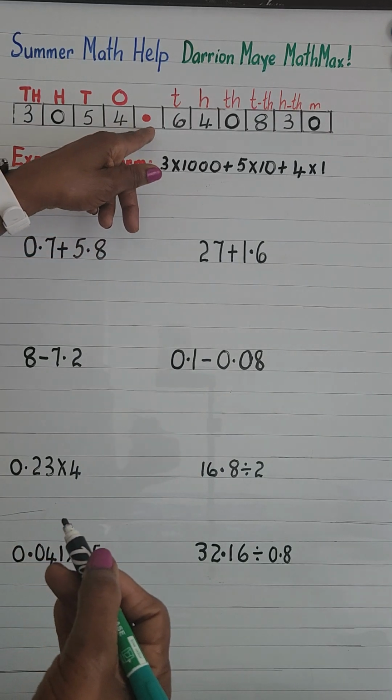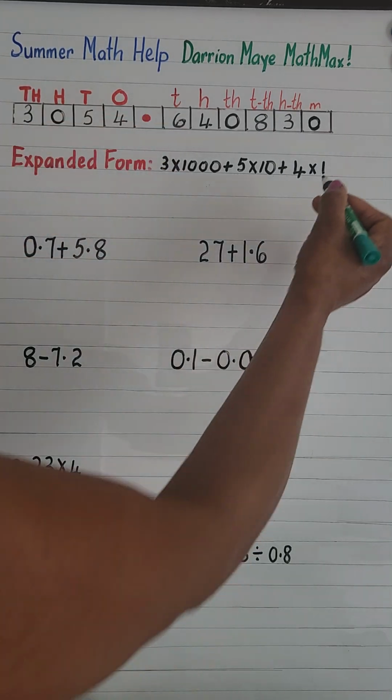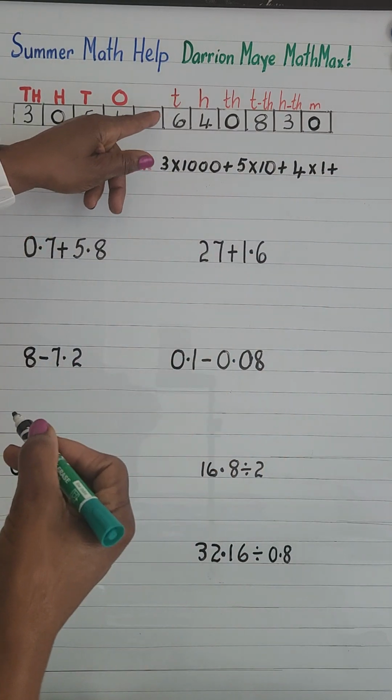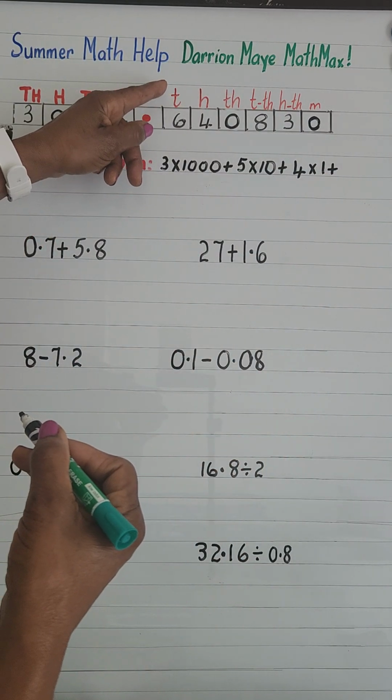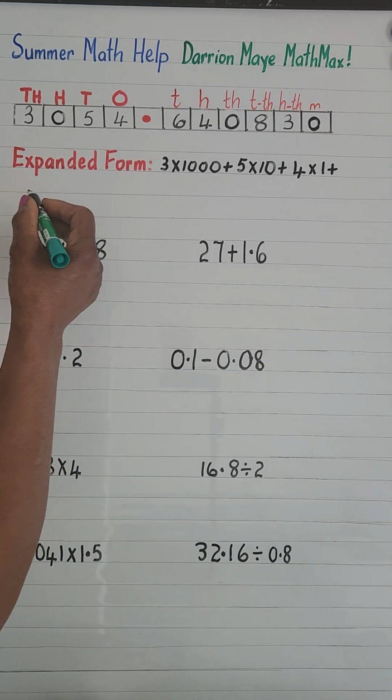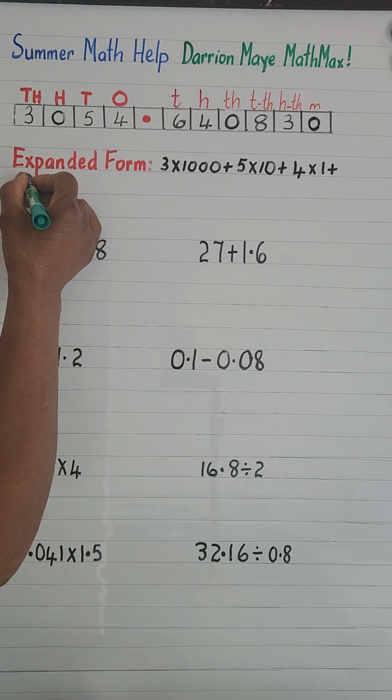And we have our decimal point, so our next number would be plus 6 times 1 over 10. Tenth means 1 over 10.